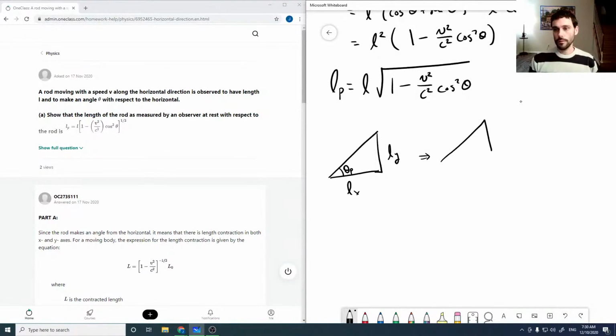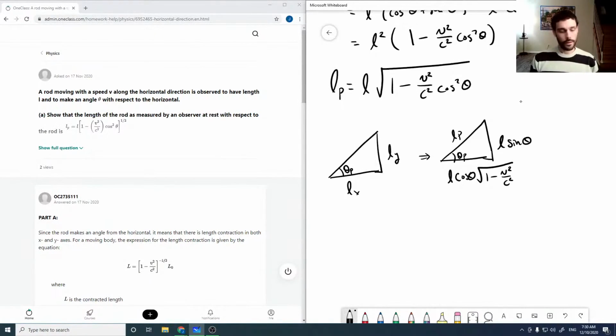So we've got our LP. This is still L sine theta. And this is now L cos theta root 1 minus v squared over c squared. And so this is our theta p.